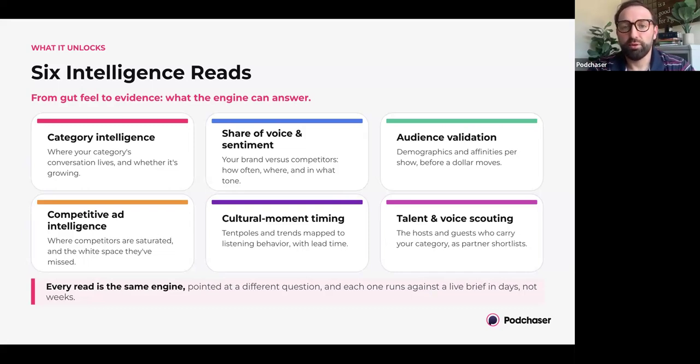So this looks at your brand versus competitors: how often, where, and what tone. One of the really interesting insights that we were able to glean from doing this project for this PR agency was that one of the top companies in AI, I won't name them because I think this is still being worked out, had a very low sentiment score.